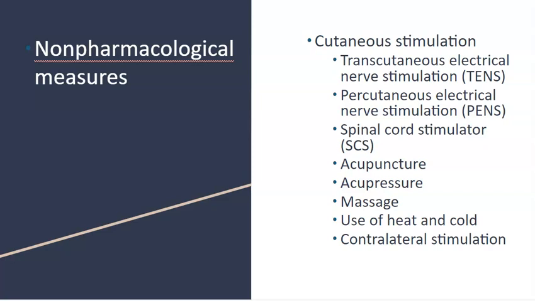So TENS is transcutaneous electrical nerve stimulation, and then there's percutaneous electrical nerve stimulation. There are spinal cord stimulators, acupuncture, acupressure, massage, the use of heat or cold therapy, and then contralateral stimulation.